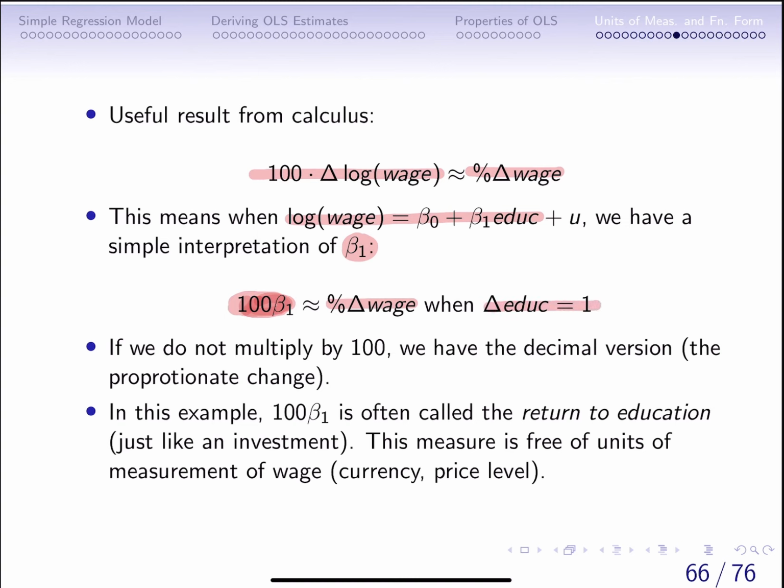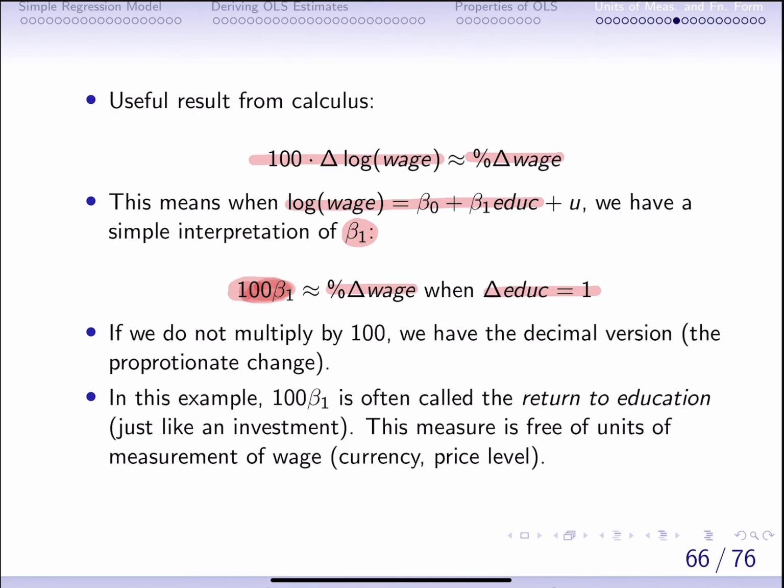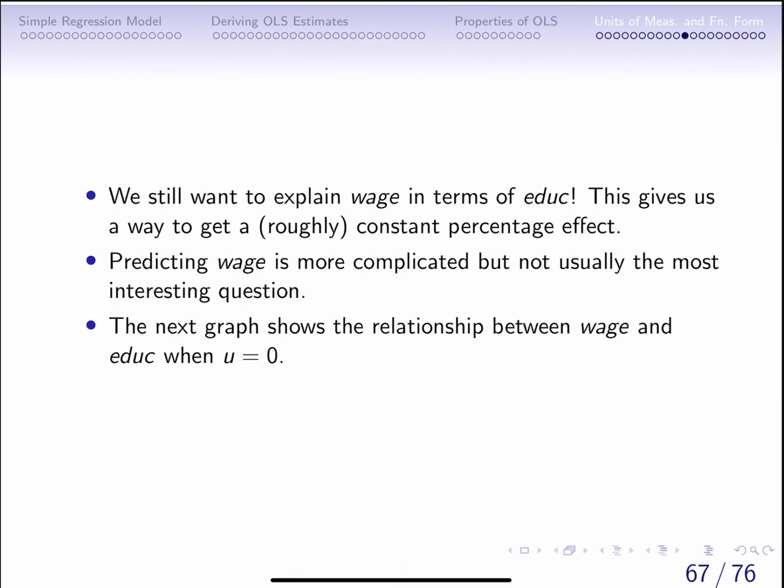So let's take a closer look at what this means. 100 times beta 1 is going to be called the return to education, because this is now free of units. As education goes up by 1, there's some percentage change in wages, and we're not talking about the units of wages. So no currency, no price level involved. This is cleaner.